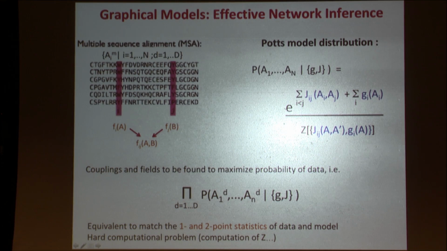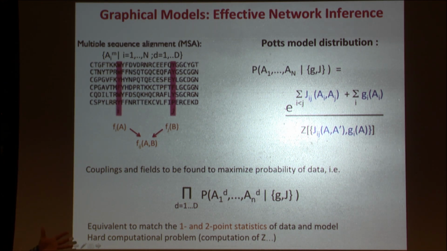So how is this done? How is this defined first? The model people consider, which is the simplest one you can think of in terms of statistical physics, is simply a Potts model. But it's an unusual Potts model because usually in physics we have invariance by translation, for instance. Here we don't.